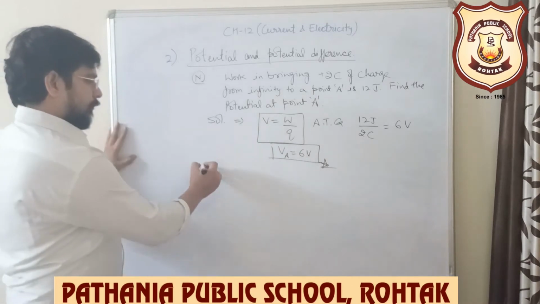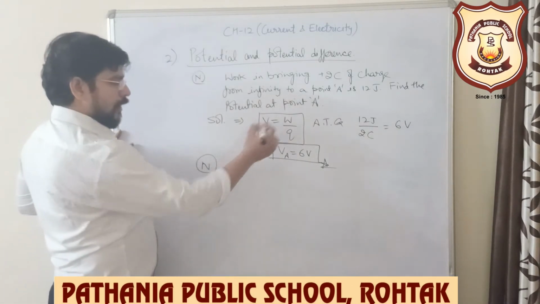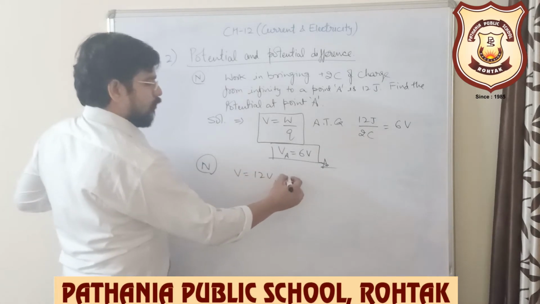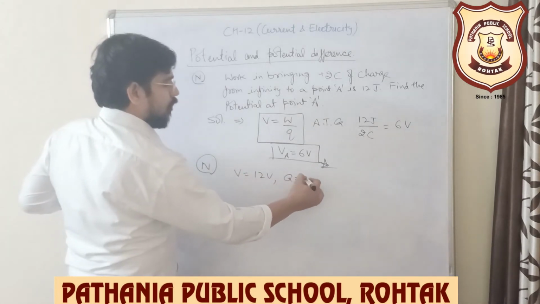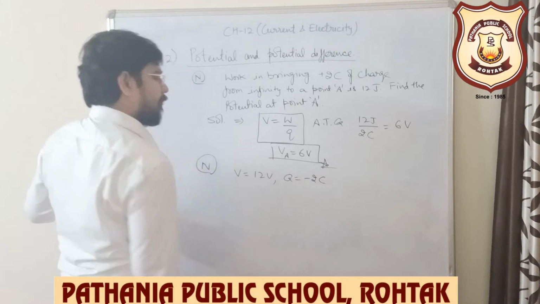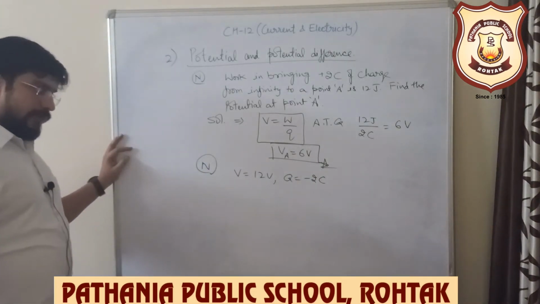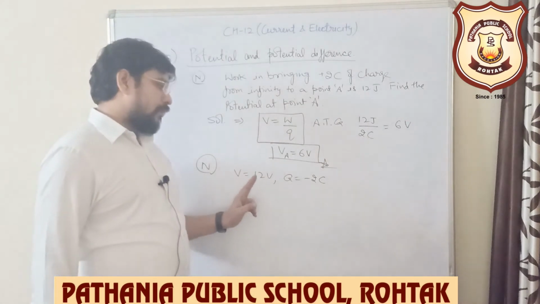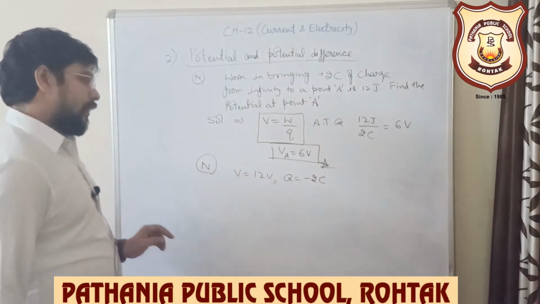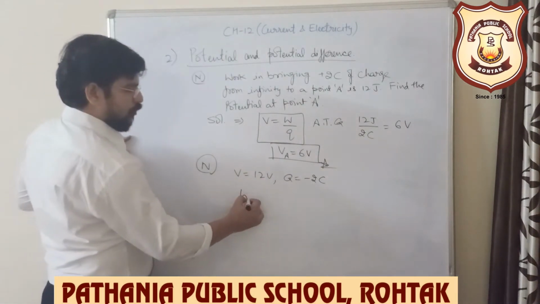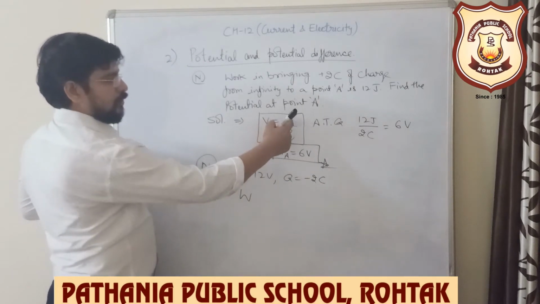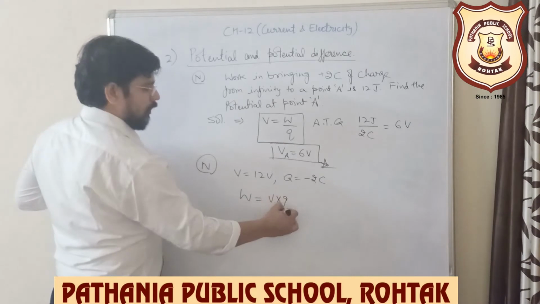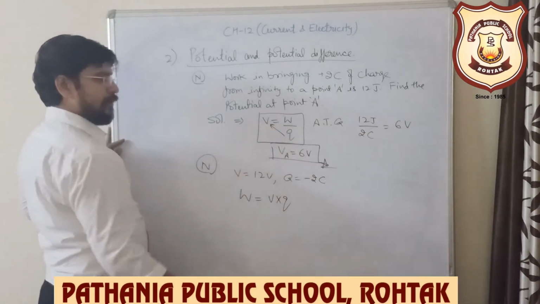For example, if you are given V is equal to 12 volt and you are given Q is equal to minus 2 coulomb, and someone is asking you what is the work done in bringing this minus 2 coulomb charge from infinity to a point whose potential is 12 volt, then you can calculate work using the same formula, V is equal to W by Q. Now you can write W is equal to V into Q. Q will come here in multiplication.